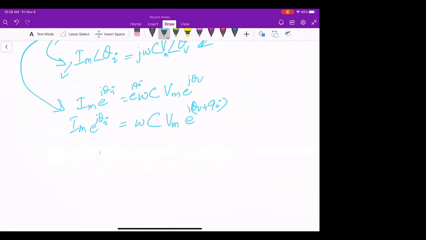So this makes theta I equal to theta V plus 90. So it is the opposite of the inductor. Why? Because in this case, instead of voltage, current is leading.